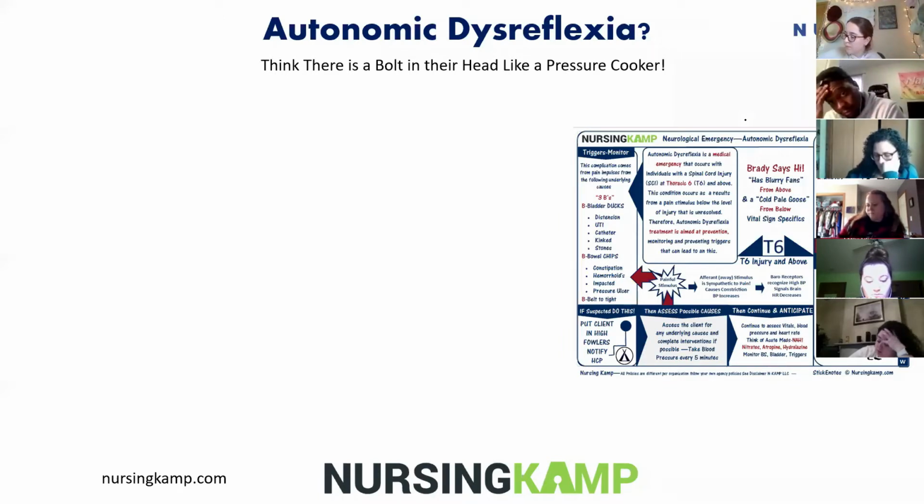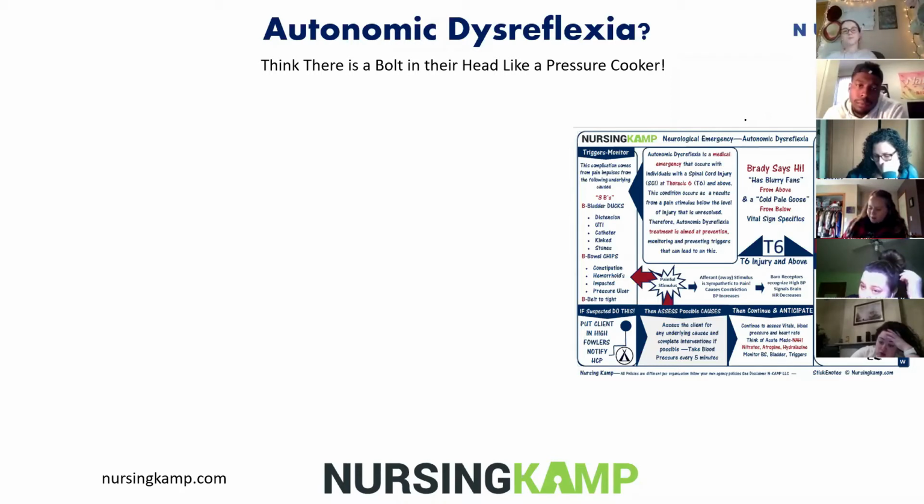Now it gets a little confusing, because they'll say a C5 injury, they won't say T6. You just have to know that if it's above T6, it's autonomic dysreflexia. Always the same thing. So let's talk about the basics of what it is.